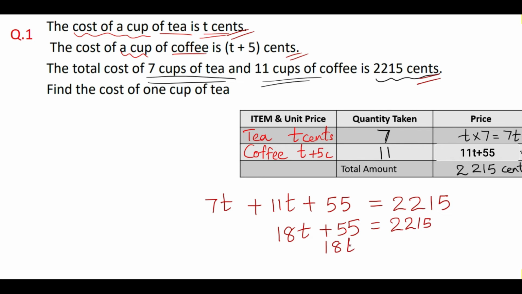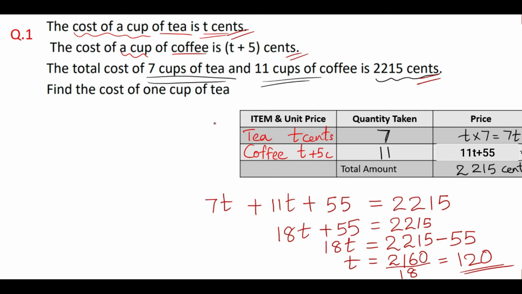So 18T is going to be equal to 2215 minus 55. So T from here is going to be equal to 2160 divided by 18, giving me 120.